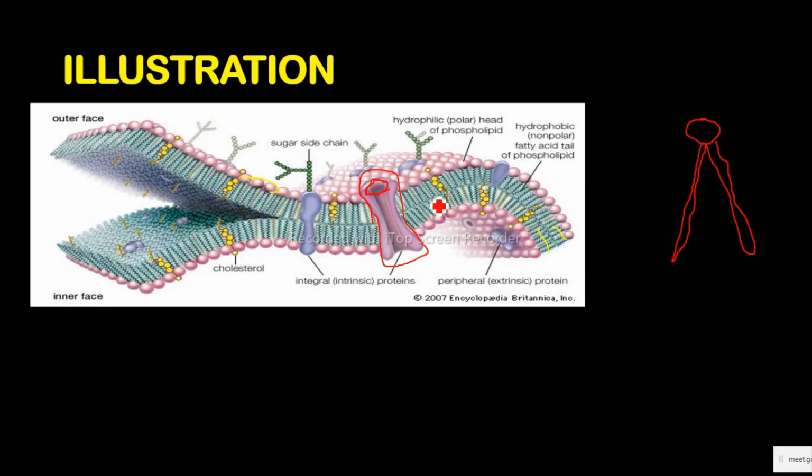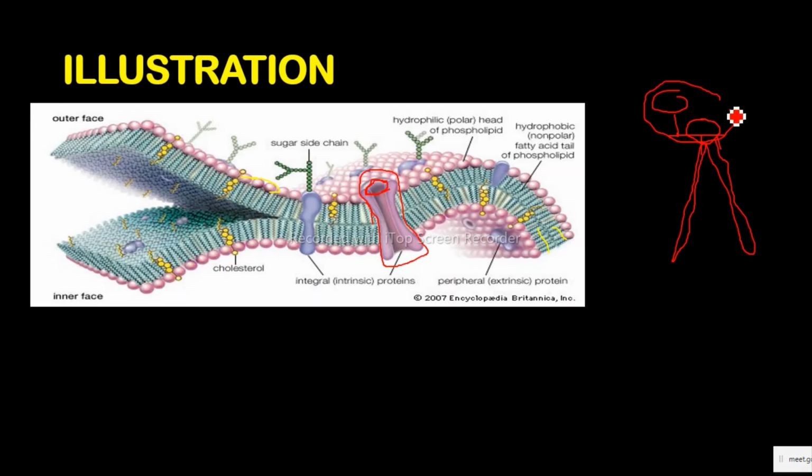But in formation of a phospholipid, the first fatty acid is replaced by phosphoric acid. So that you end up forming a glycerol which is attached to a fatty acid and a phosphoric acid here to make the head.